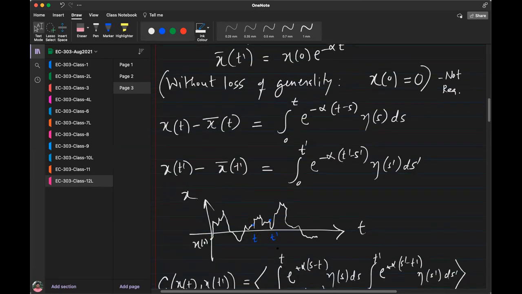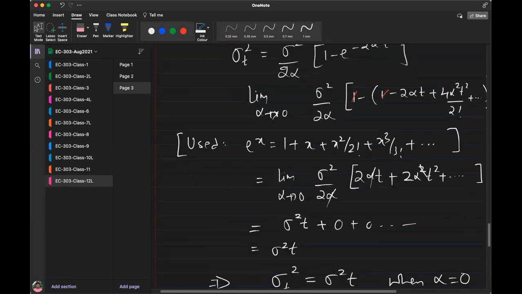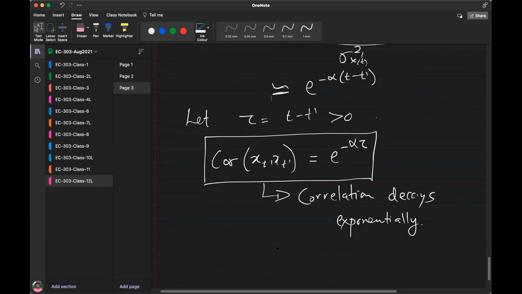The value of x_t and x_t' are related by a relationship that decays exponentially. The farther apart they are, the lower the correlation between them.